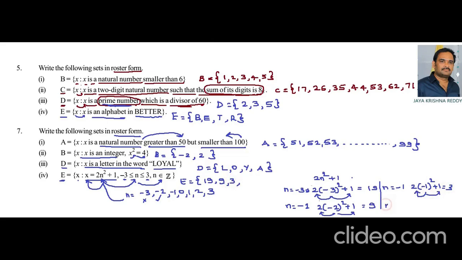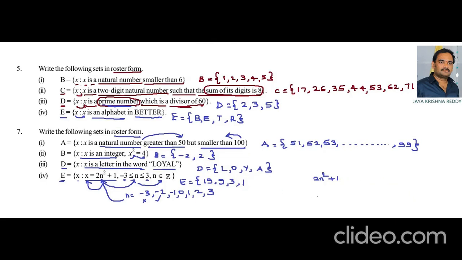And next you have to substitute n equal to 0. So 2 times 0 square plus 1. 0 square is 0, 0 into 2 is 0, 0 plus 1 is 1. And the next element is 1. And next we have to substitute n equal to 1. So 2 times 1 square plus 1. 1 square is 1, 1 twos are 2 plus 1, it is 3.